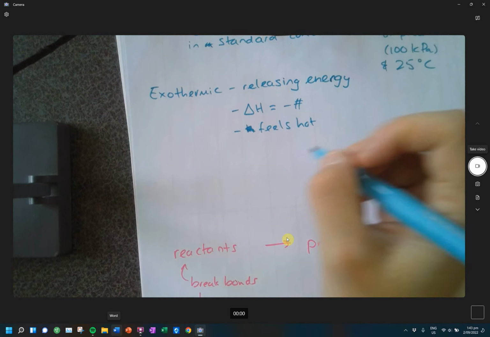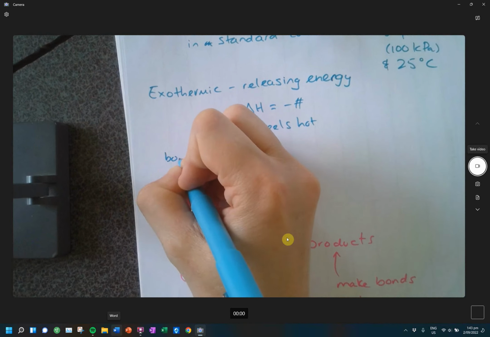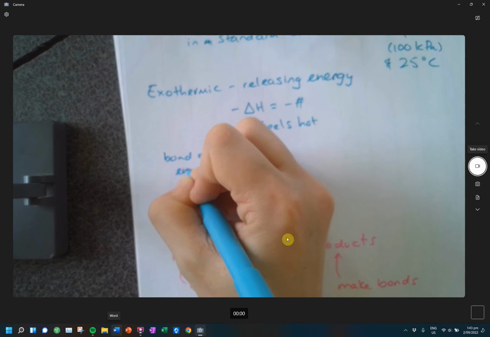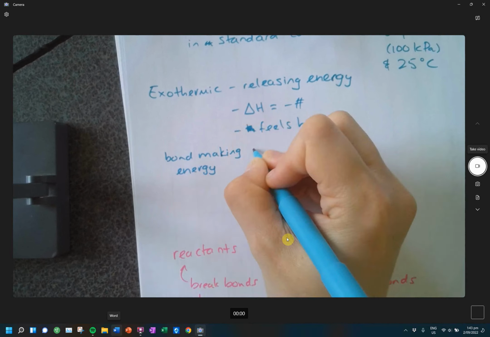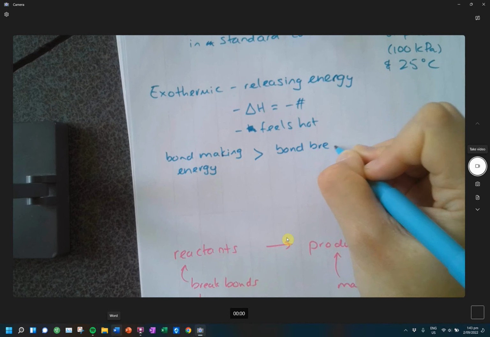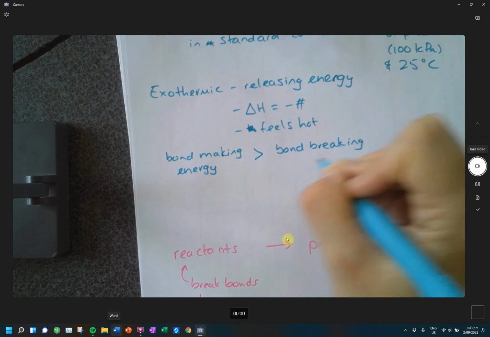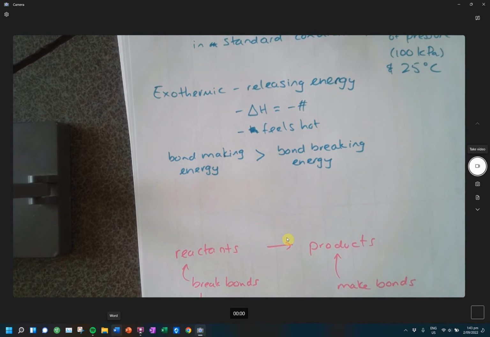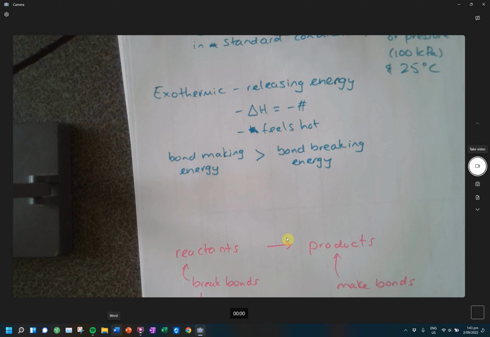So bond making energy is greater than the bond breaking energy. Is it opposite for the other? Yeah, basically. So that's what makes it exothermic. I'm releasing more energy than I need to put into it.